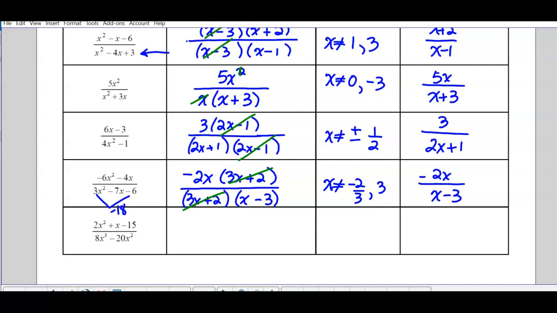Okay, again, non-simple trinomial in the numerator. Denominator is just a common factor of 4x squared. And so we need two numbers that multiply to negative 30 and add to 1. So that's 6 and negative 5.